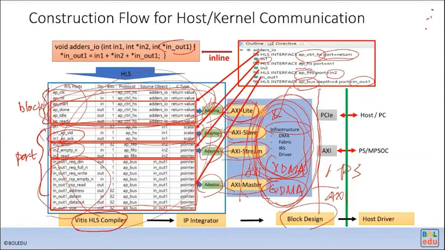And one thing I particularly want to mention is the stream interface. Stream. Okay, don't be confused. HLS provides the HLS column stream. That's a template function that implements the stream. And we use the stream a lot for the module interface between modules. That stream is different from the Xi stream.